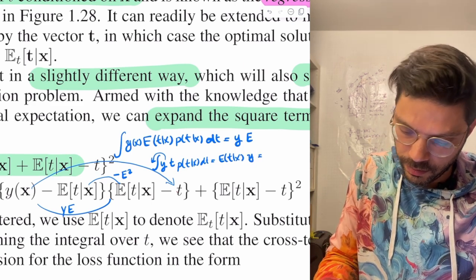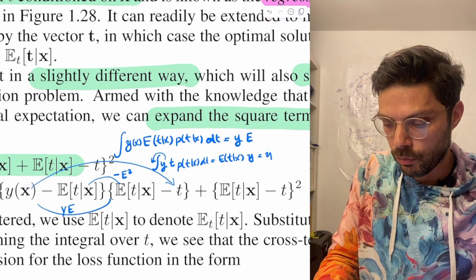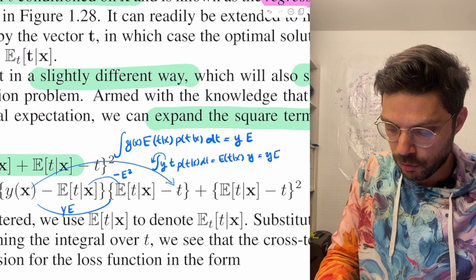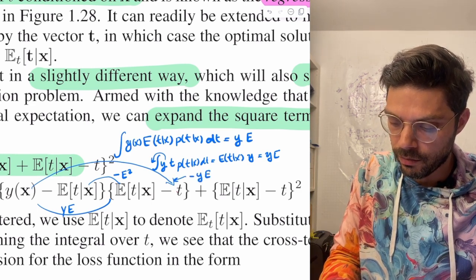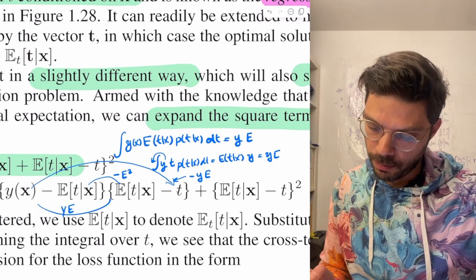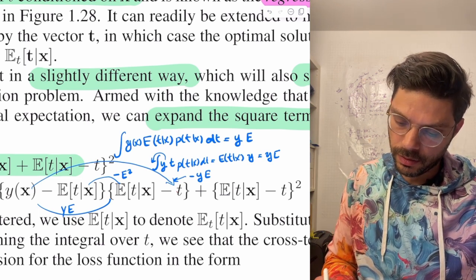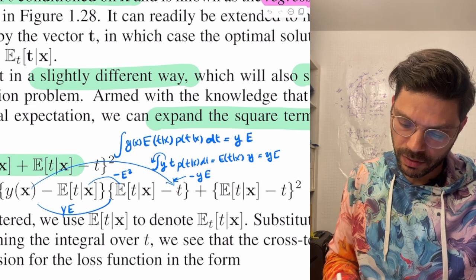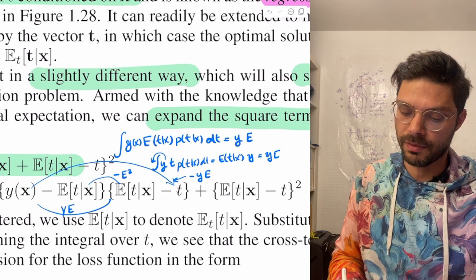So we get a yE term here as well, and there's a minus sign contributed. So this whole thing is going to give us a minus yE. And we have just one other term missing, which is going to be the expectation of t given x times minus t.